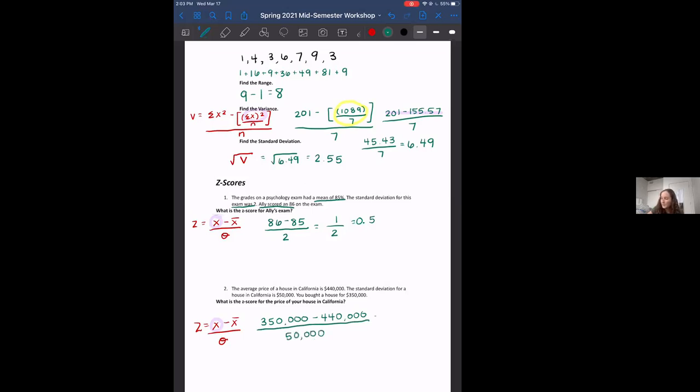When you subtract 350,000 minus 440,000, what do you get? Just subtracting the top part.